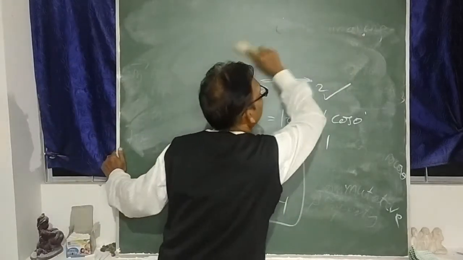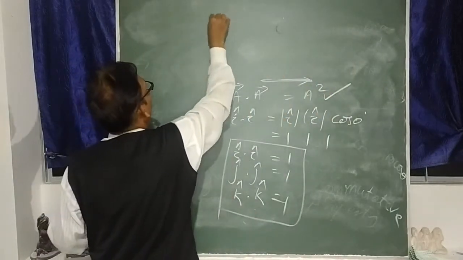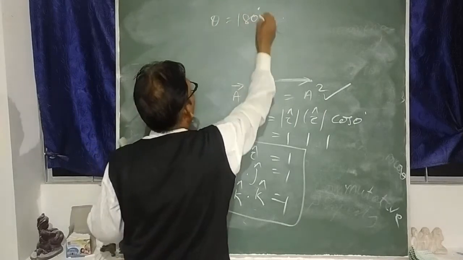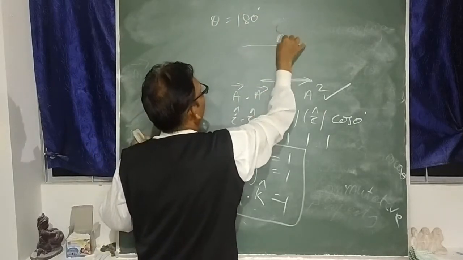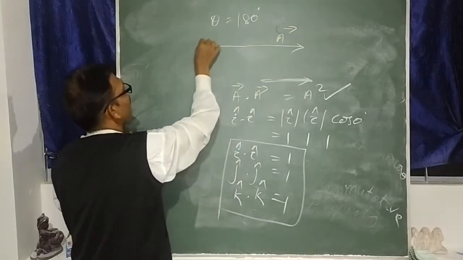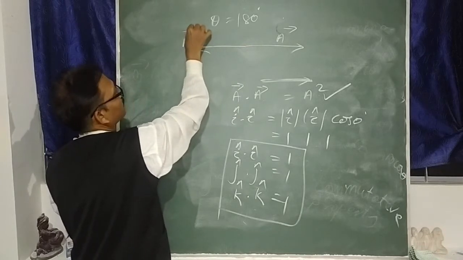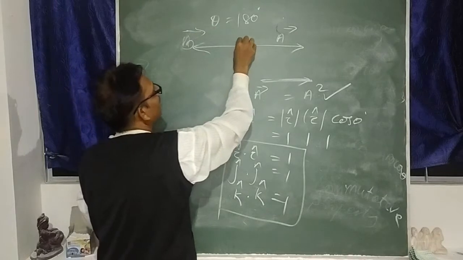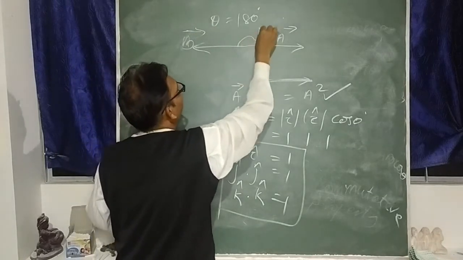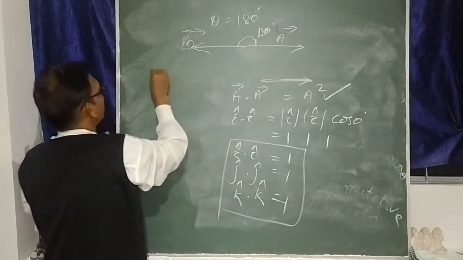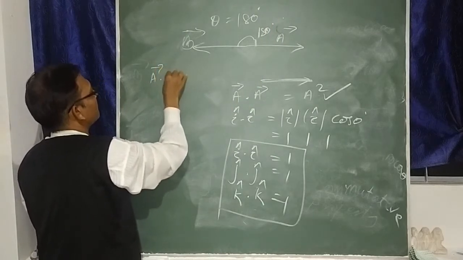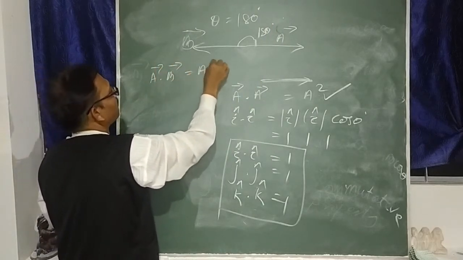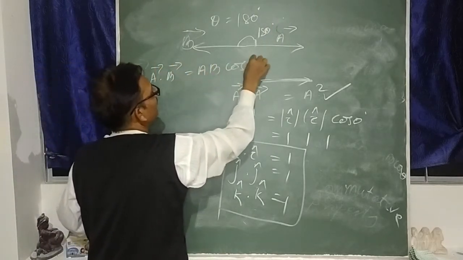Then come to theta is equal to 180. This is A vector, and this is B vector in the opposite direction. So the angle is 180. When you write A dot B, this is equal to AB cos 180.